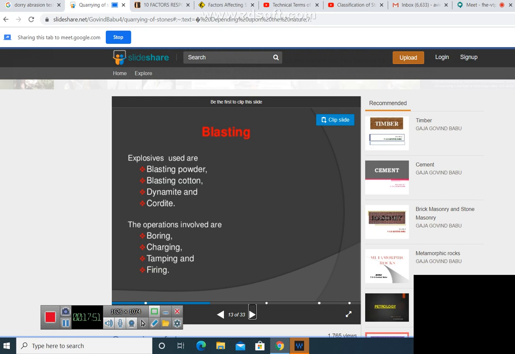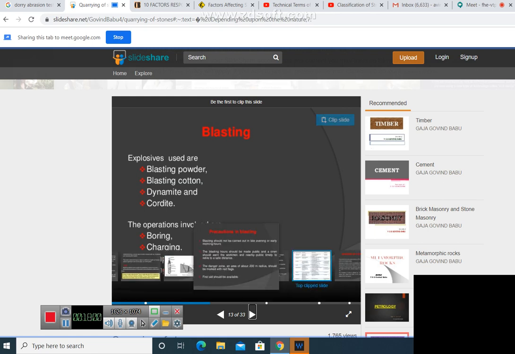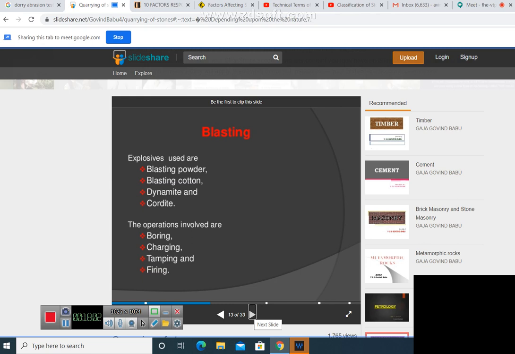Now what are the different operations involved? The different operations involved in blasting are boring, charging, tamping and firing.